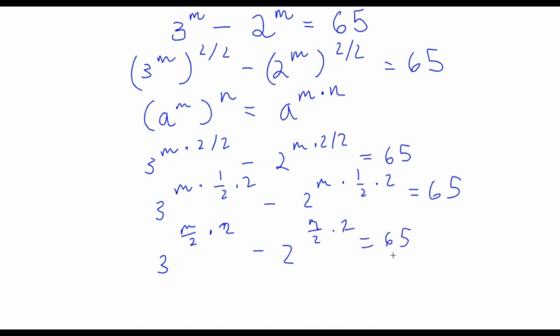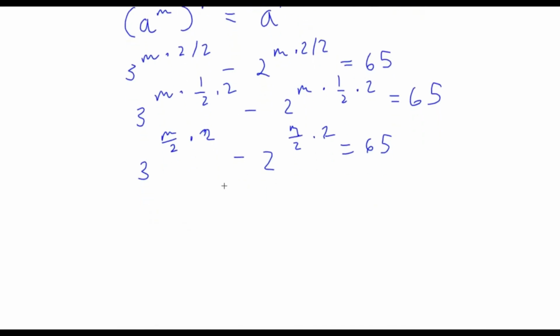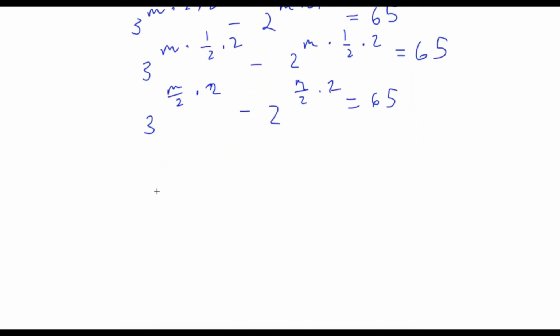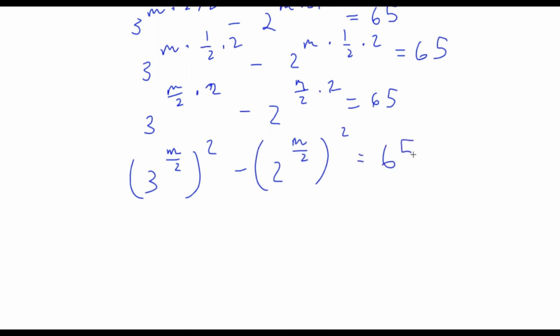So now I can use this property. So now we are going to have 3 to the power of m over 2 to the power of 2 minus 2 to the power of m over 2 to the power of 2 is equal to 65.